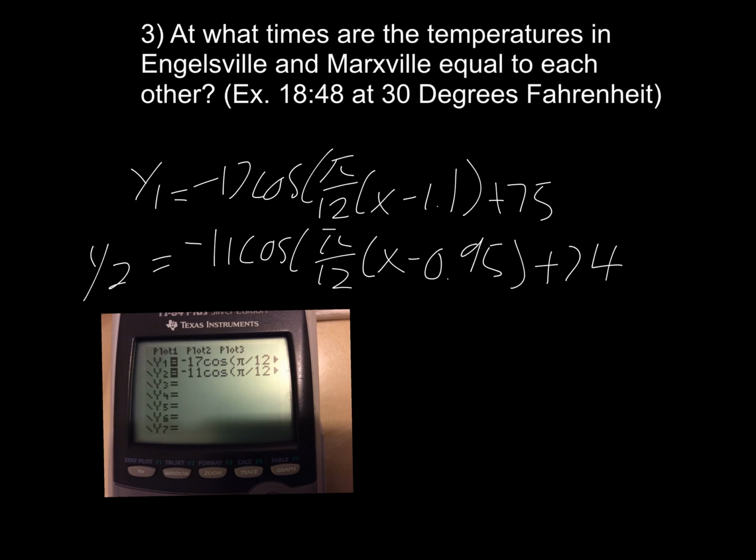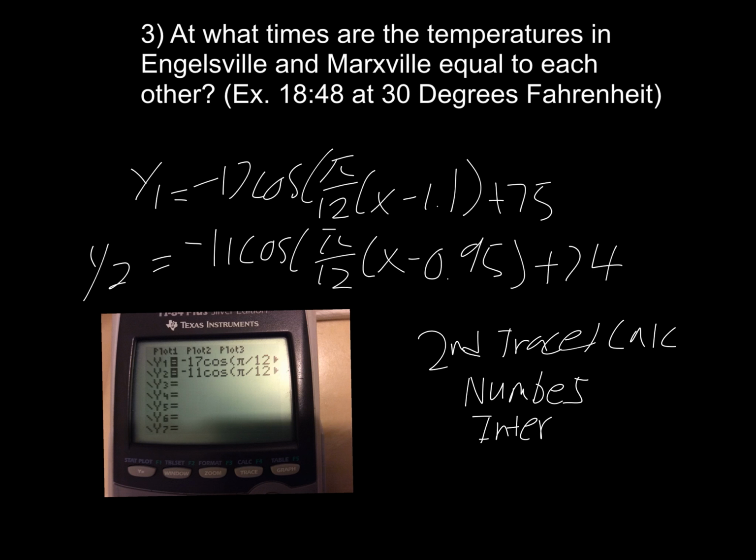Okay, so now go ahead and intersect your functions. You just hit second trace or second calc, and then hit number 5, intersect. And once you do that, there's going to be a similar point.